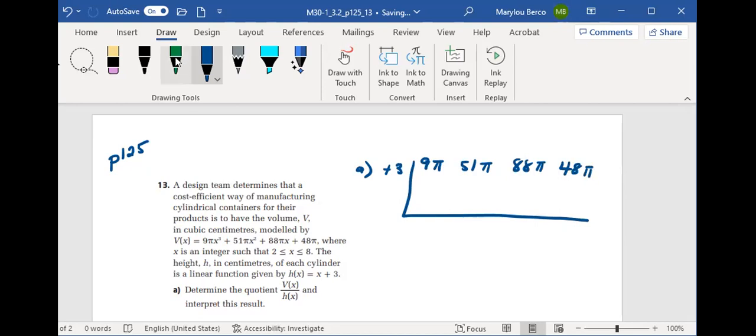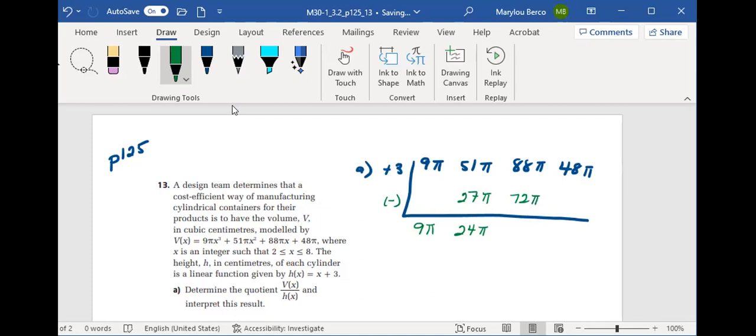Okay, so what we have now is we bring down the 9 pi. 9 pi times 3 is 27 pi, and we're subtracting. So 51 pi minus 27 pi is 24 pi. 24 pi times 3 is 72 pi.